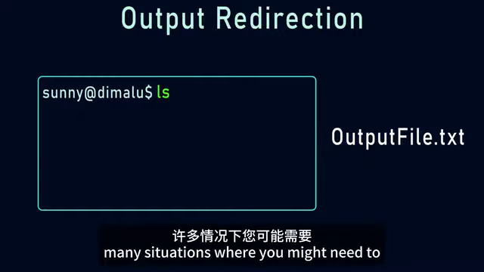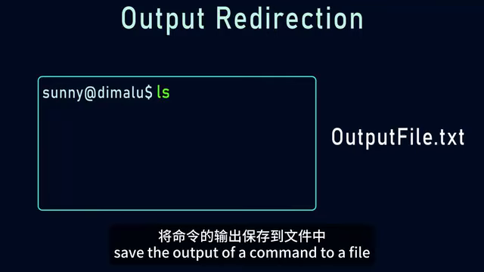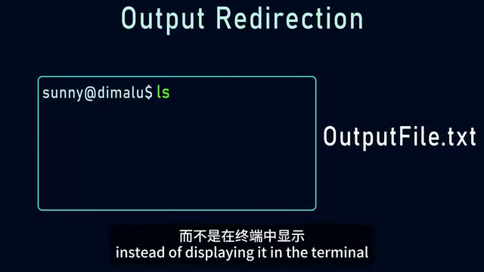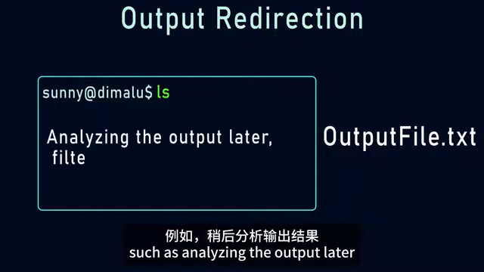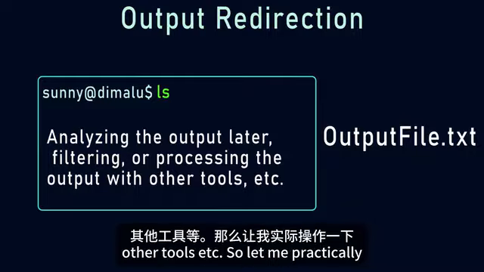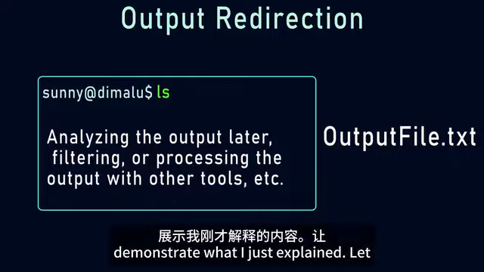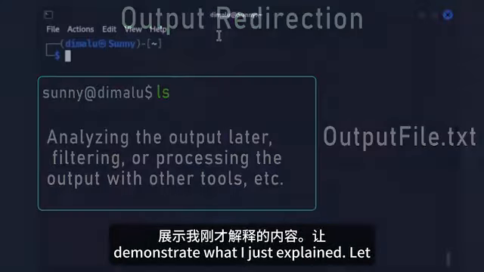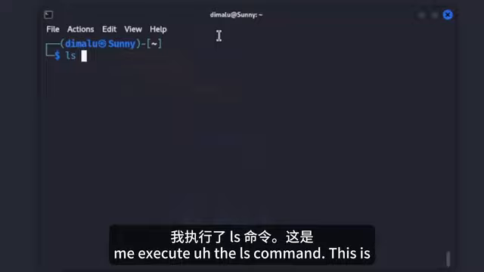There are many situations where you might need to save the output of a command to a file instead of displaying it in the terminal, such as analyzing the output later, filtering or processing the output with other tools, etc. So let me practically demonstrate what I just explained. Let me execute the ls command.